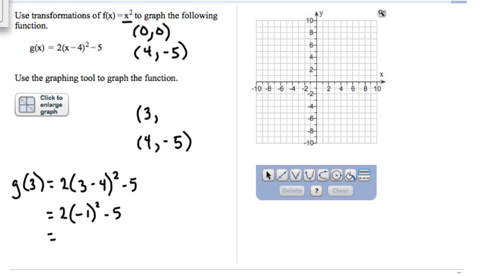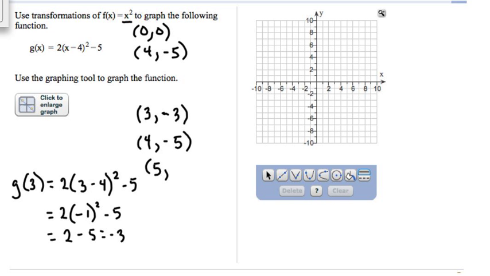So negative 1 squared is 1, and 2 times 1 is just 2. And 2 minus 5 is negative 3. So we get (3, negative 3).